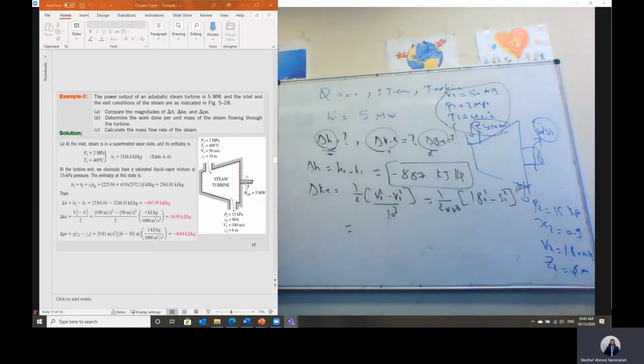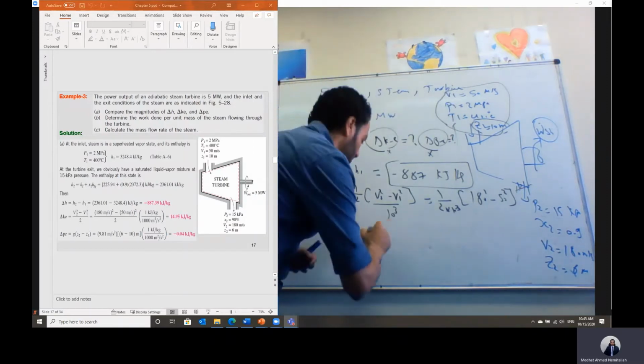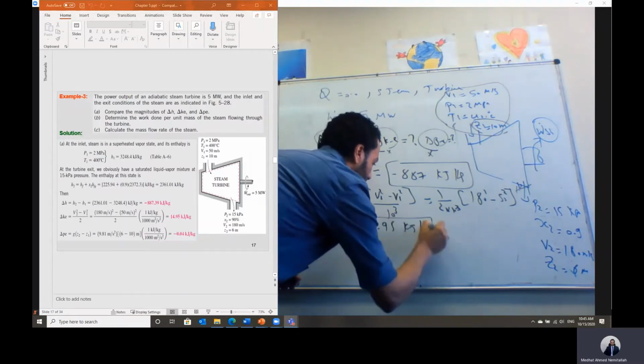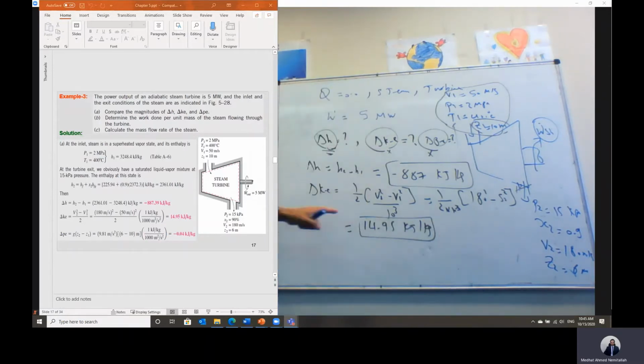If you calculate this term in kilojoule, it will be 14.95 kilojoule per kilogram. Compare the change in kinetic energy to the change of enthalpy. It's a very low value, and that's why in most cases this kinetic energy term will be neglected.